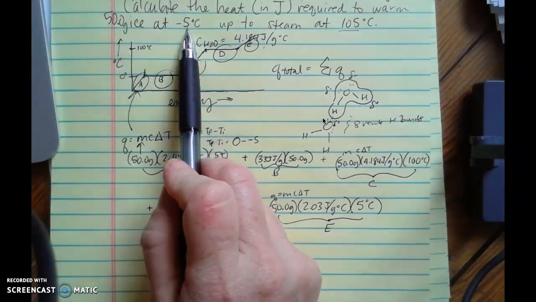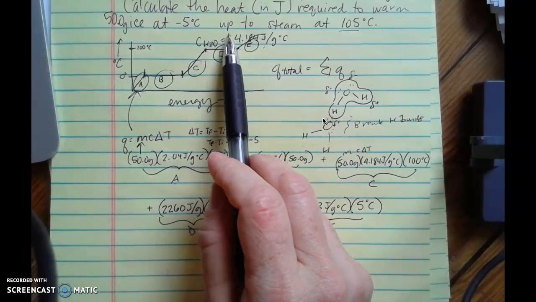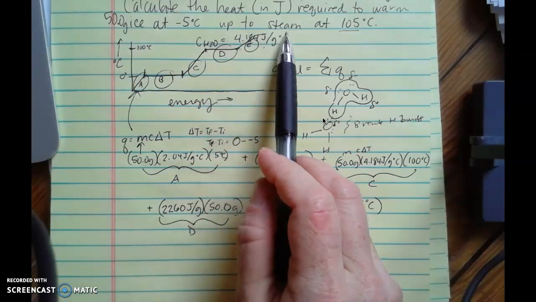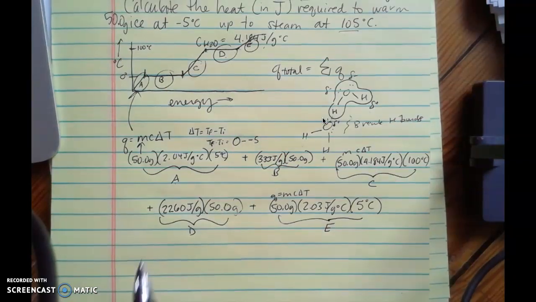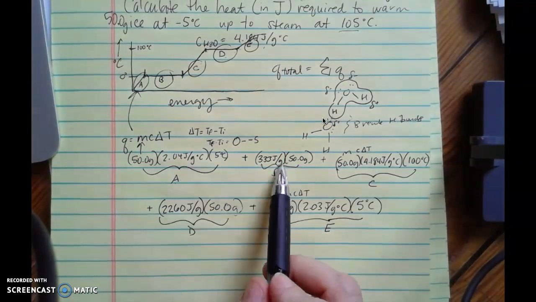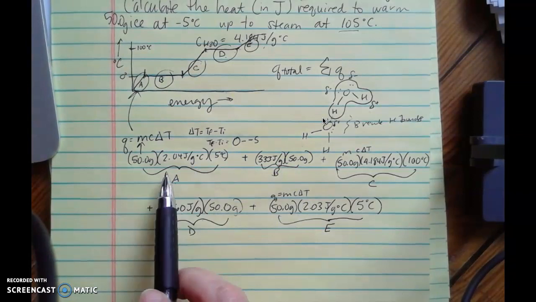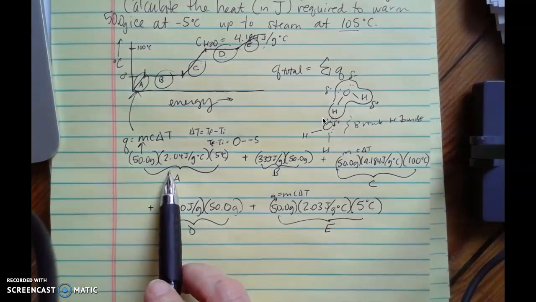And so the total amount of heat required, the total joules required to take 50 grams of ice at -5 degrees, heat it all the way up to melting and then all the way up to boiling, all the way into hot steam at 105 degrees, is going to be the sum of all of these little pieces of energy. So this piece heats my ice from -5 to 0.